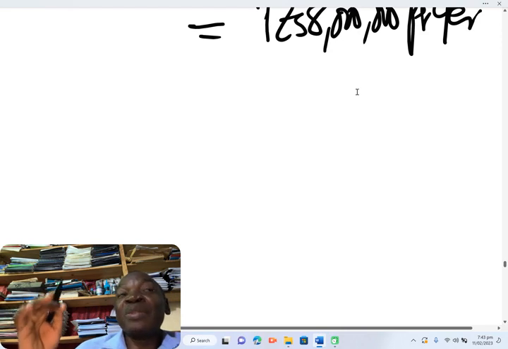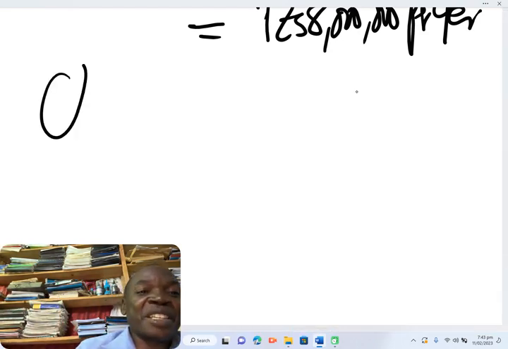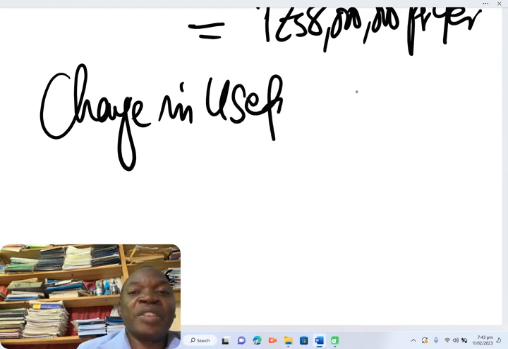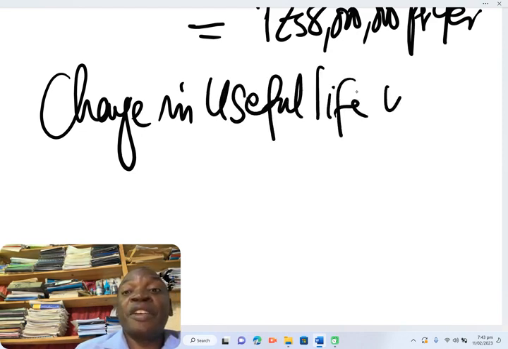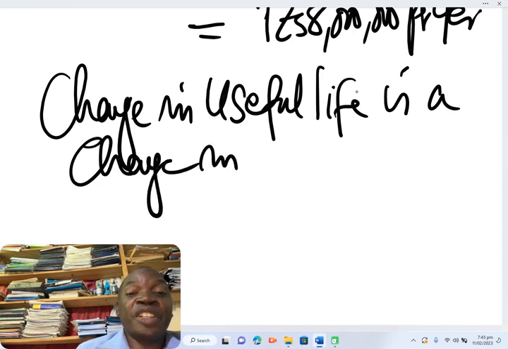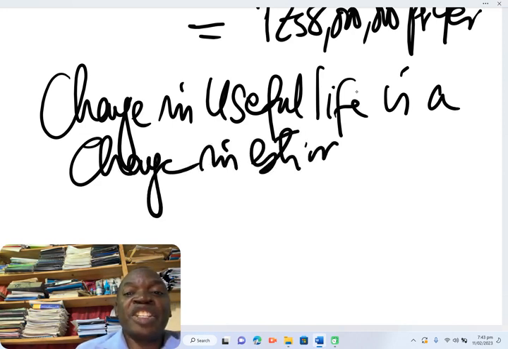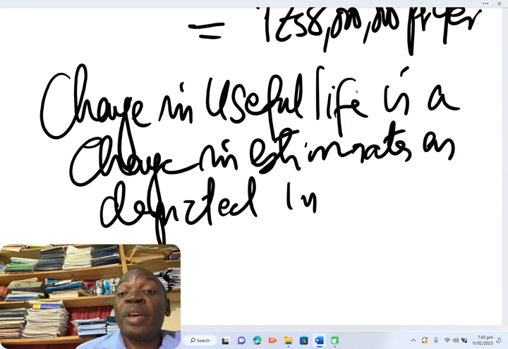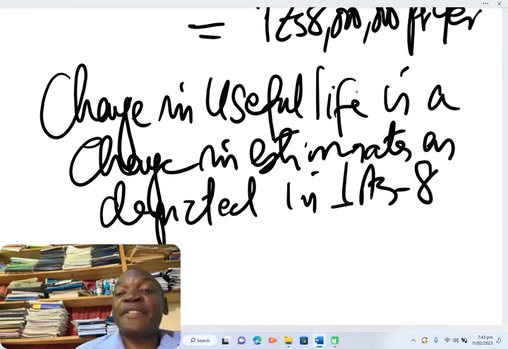Change in useful life. Unaweza kudefine kwa utasikia, change in what? Useful life is a change in estimate as depicted in IAS 8.